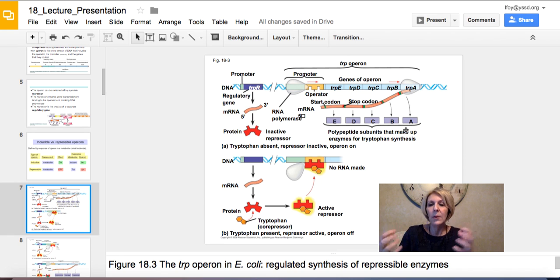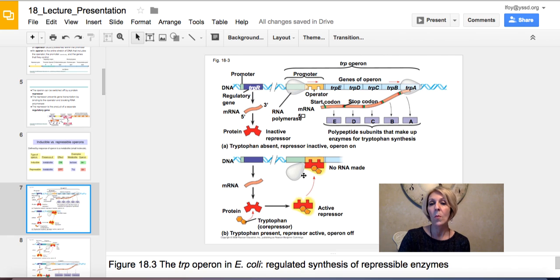Now you can imagine tryptophan building up in the bacteria. As tryptophan builds up, the bacteria needs a way to say, okay, we have enough tryptophan. So the tryptophan is going to be a co-repressor. It fits on this inactive protein, and now it is an active repressor. That active repressor bonds onto the operator site, and now my RNA polymerase cannot bind.